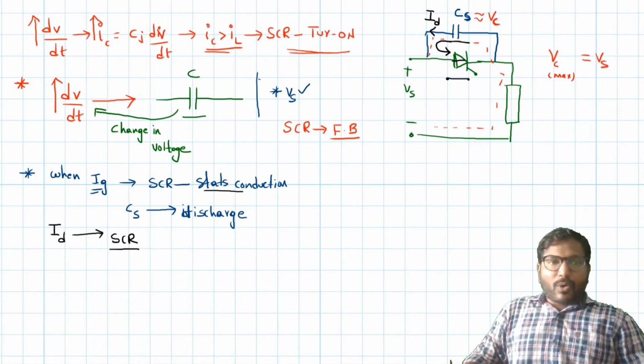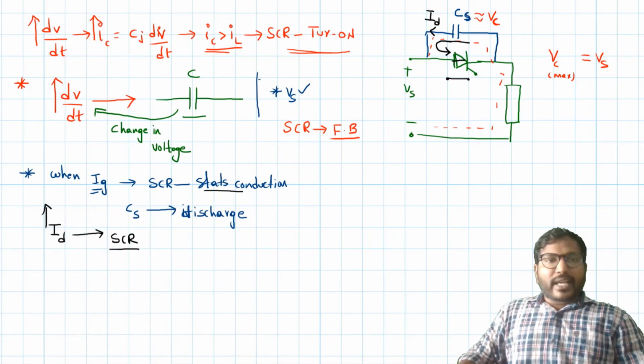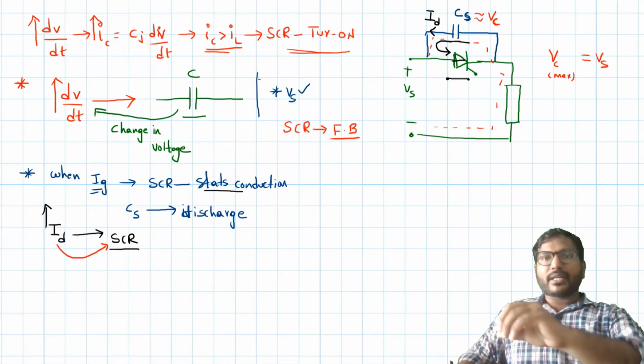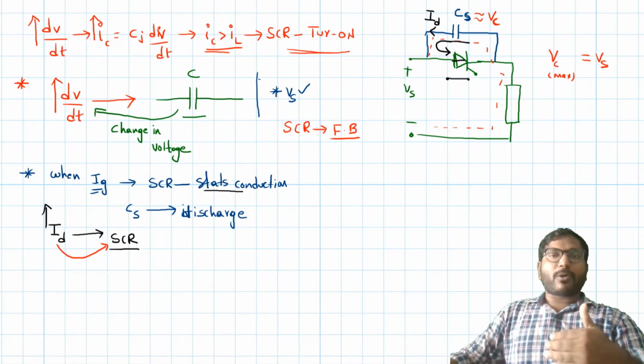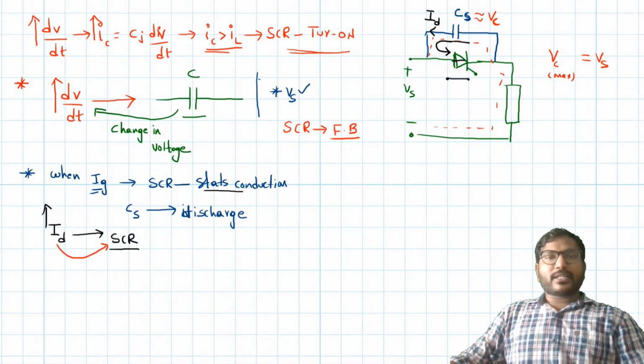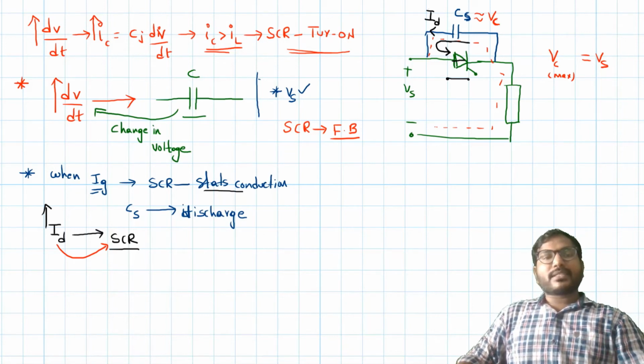If ID is large, it will damage the SCR. That is the point I would like to convey. If the discharging current is high, there is a chance to damage the SCR.